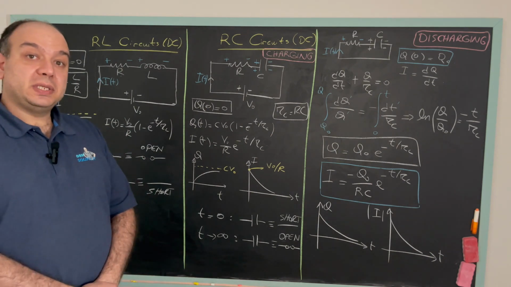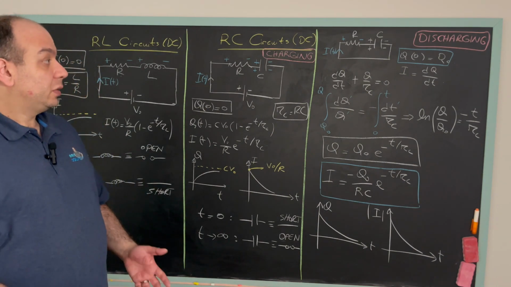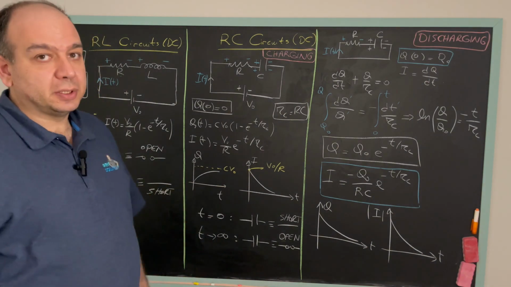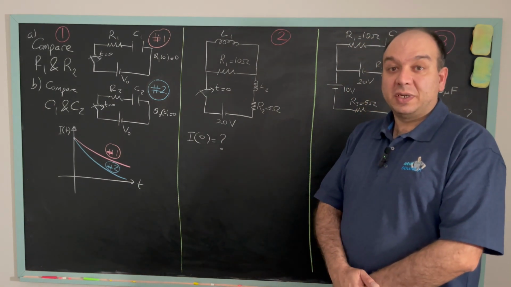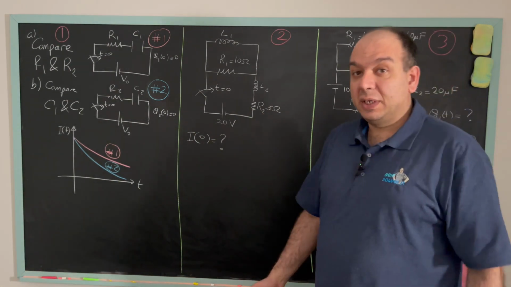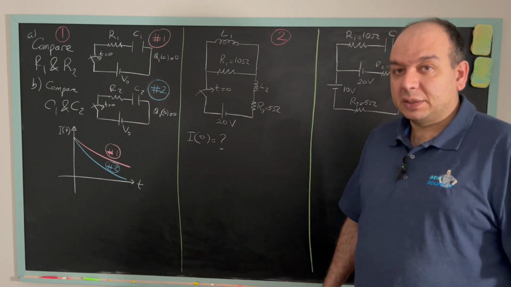Now we will complete section 1 of Introduction to RLC Circuits by solving some examples, and we'll make all these concepts clear. Before we complete section 1 of the Introduction to RLC Circuits short course, we would like to solve some examples so that the concepts we have talked about so far will be a lot clearer.